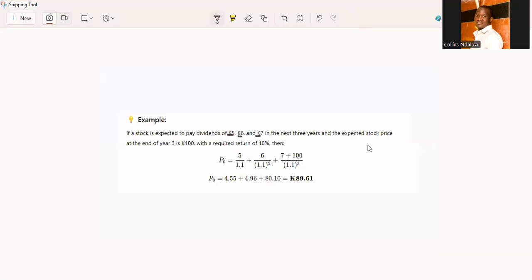The expected stock price at the end of 3 years is 100 kwacha. The required rate of return is 10%. So what is the price of the stock?